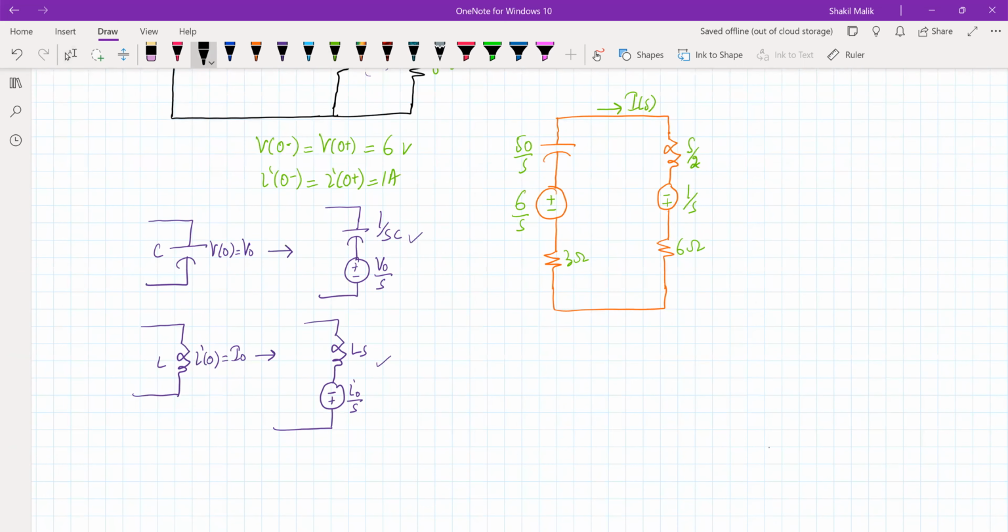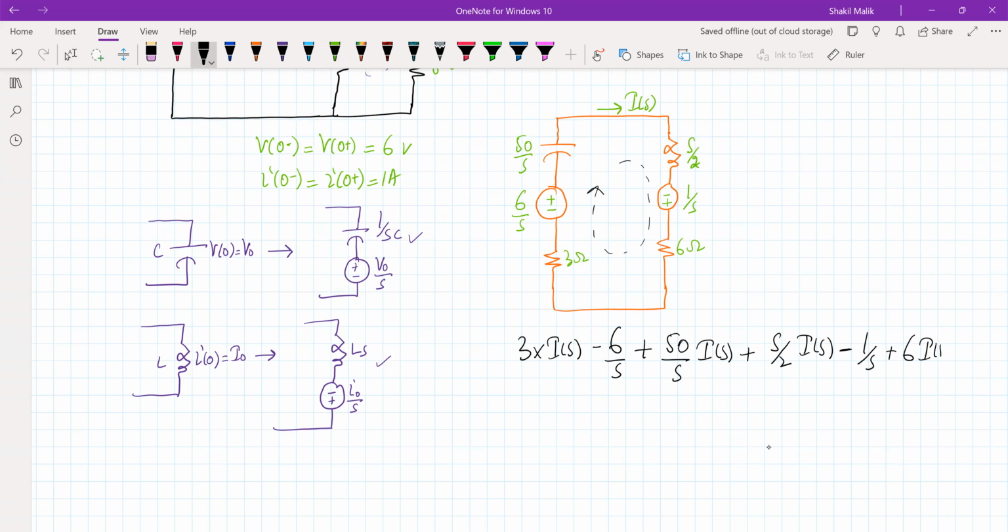If we write the KVL for this model, with the current flowing like this, it will be 3 times I(S), plus minus 6 by S because we are encountering the minus terminal, plus 50 by S times I(S), plus S by 2 I(S), minus 1 by S, plus 6 I(S). This is equal to 0. So this is the KVL.